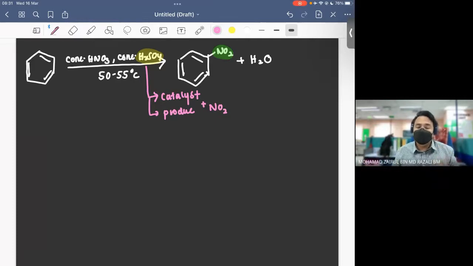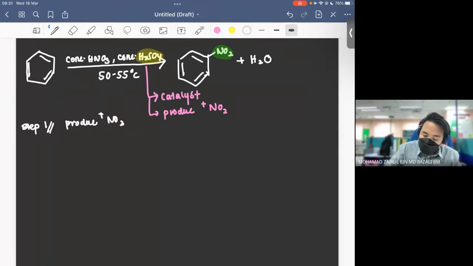Okay, now sekarang ini first step kita tadi adalah kita nak produce electrophile. So sekarang target kita nak produce NO2+, sebab ini kita punya electrophile. So daripada mana nak dapat NO2+, awak tengok dalam reagent yang awak guna, yang ada nitrogen hanyalah HNO3 ni saja.